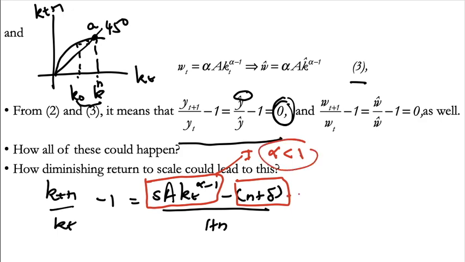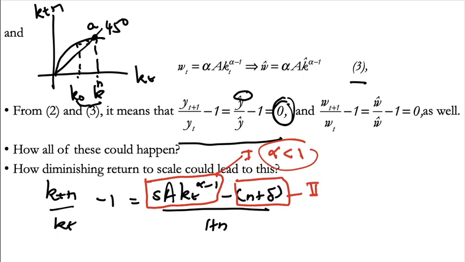And look at the second term here, n plus delta. If you recall, n is the growth rate of the population of workers, and delta is the rate of depreciation. So the second term on the numerator is the new capital stock that needs to be created through investment just to keep the stock of capital per person constant at its current level.